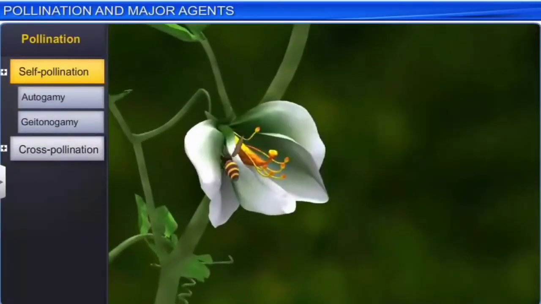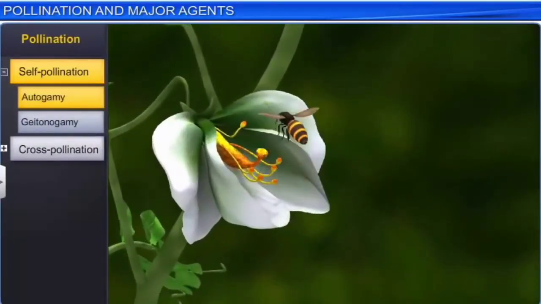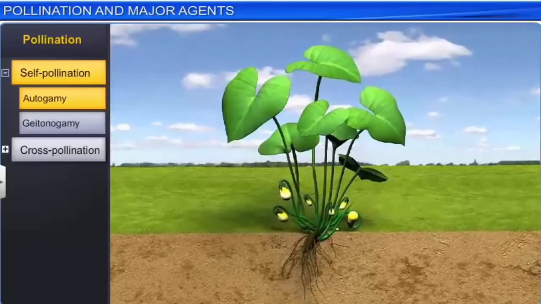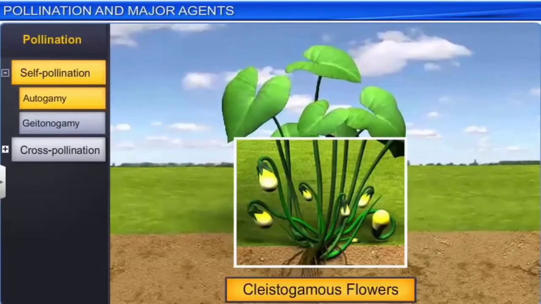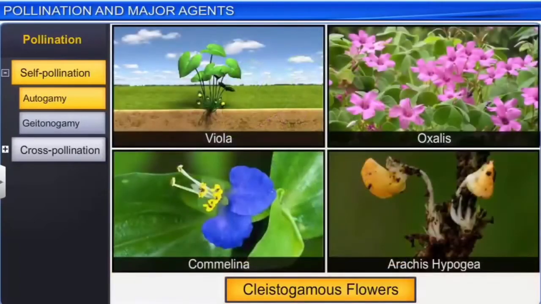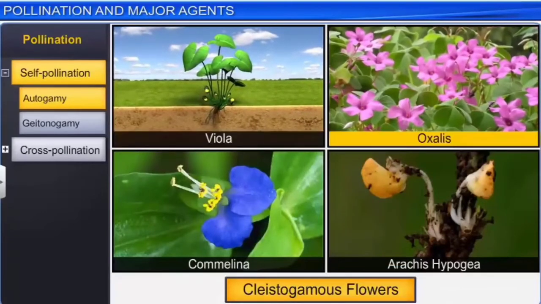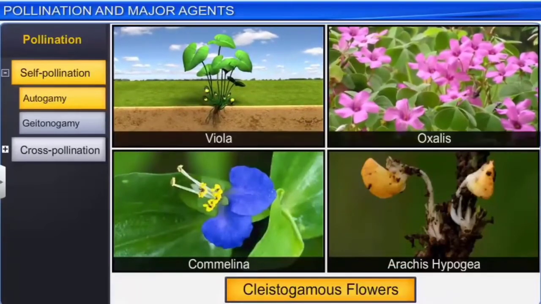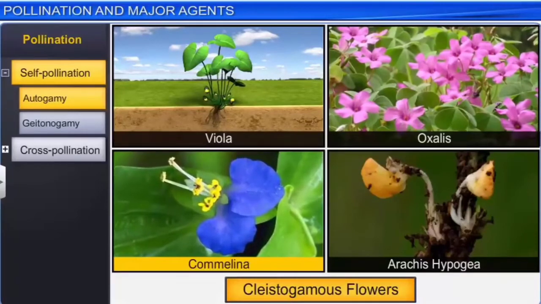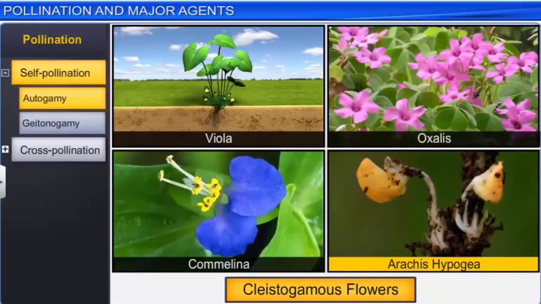In orthogamy, pollen is transferred from the anther to the stigma of the same flower, and is seen in cleistogamous flowers, or flowers which do not open at all, produced by plants such as viola, oxalis, camelina, and Arachis hypogea or peanut.